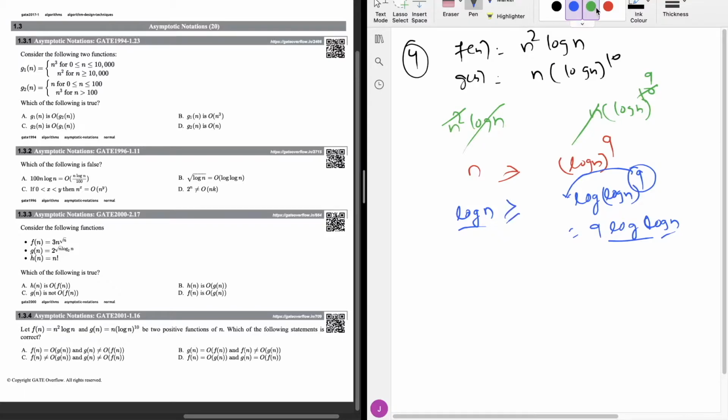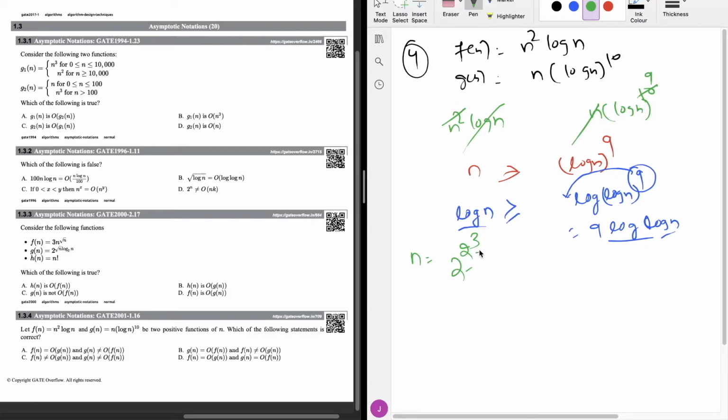But even now, if you don't have any idea how to calculate, then just use some examples. Here 2 log n is there, so I'll be taking an n value like 2 power 3, because 1 log n will cancel out this 2 and the second log n will cancel out this 2.